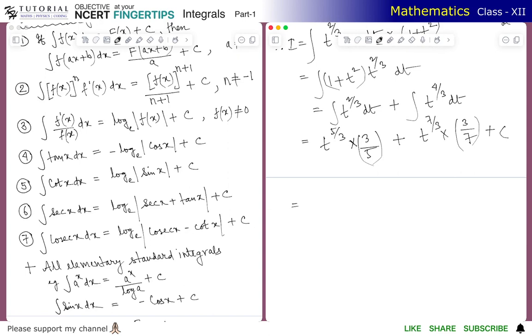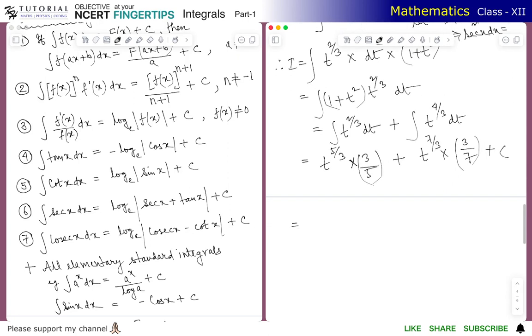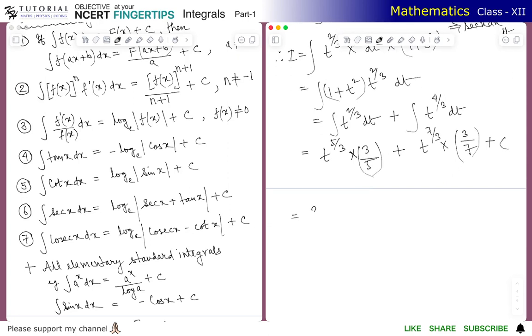So now we can substitute back t as tan x. So we get the answer as 3 by 5 tan to the power 5 by 3 of x plus 3 by 7 tan to the power 7 by 3 of x plus c.